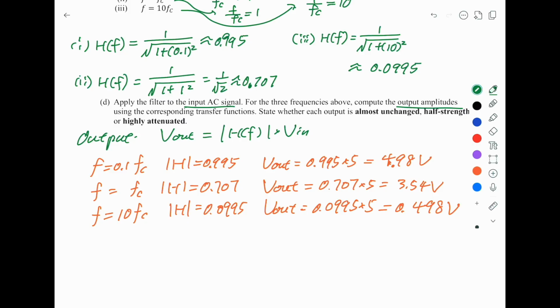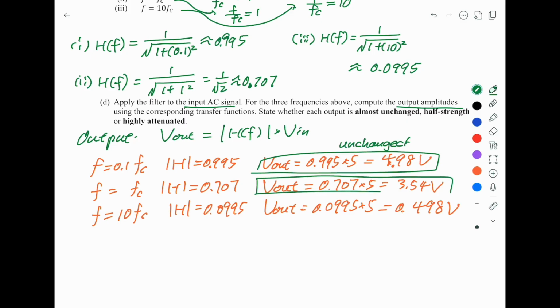For the first case, this is very little attenuated, or nearly unchanged. For the second case, this is actually half strength.